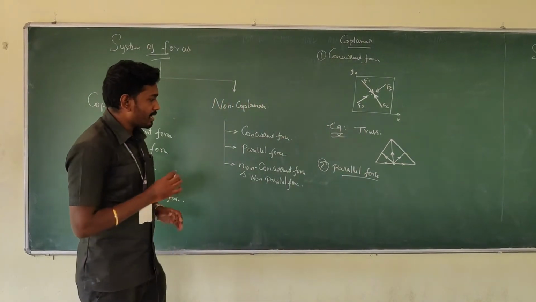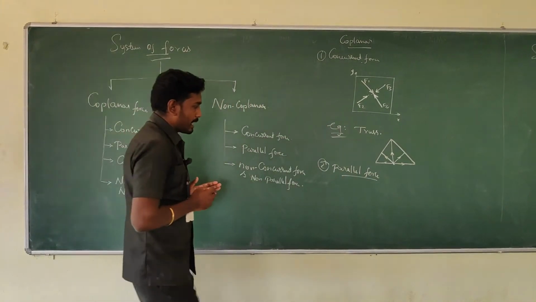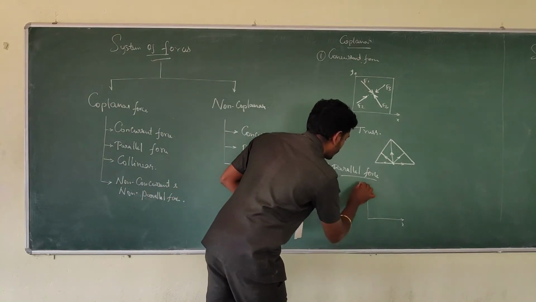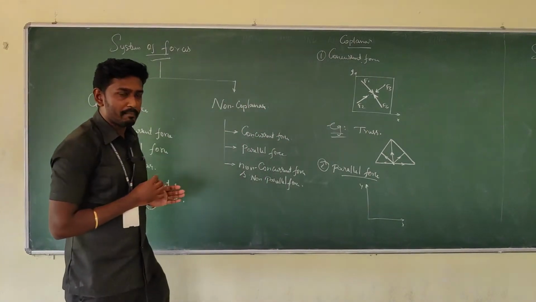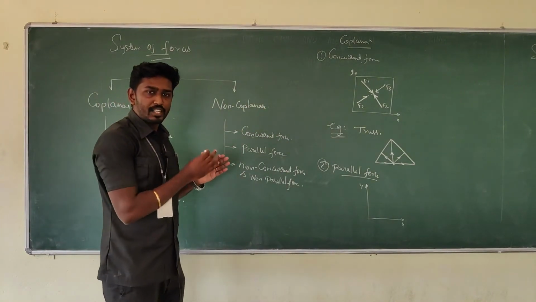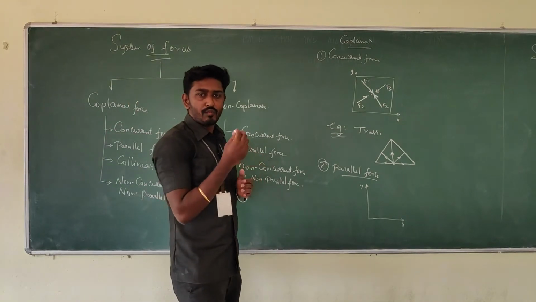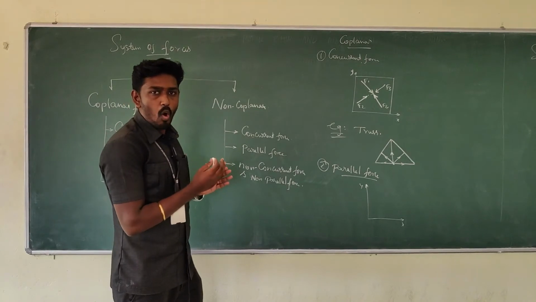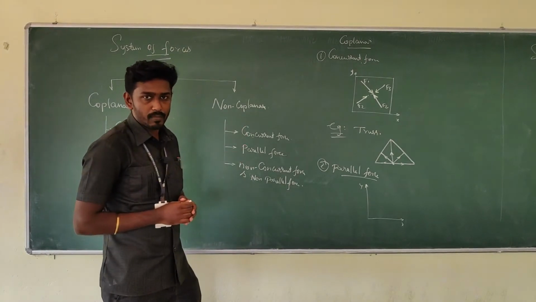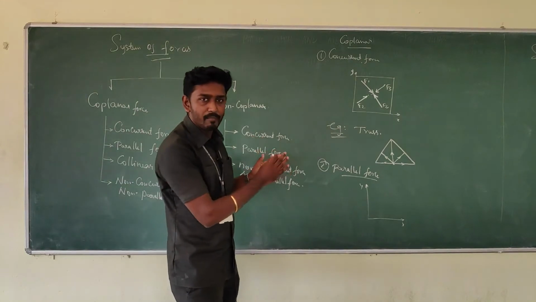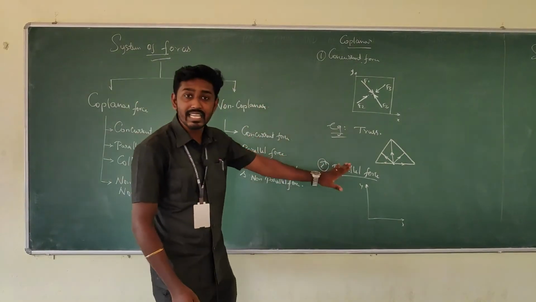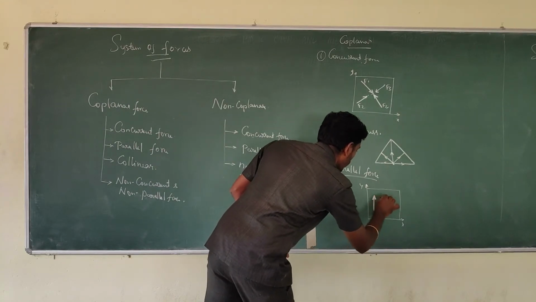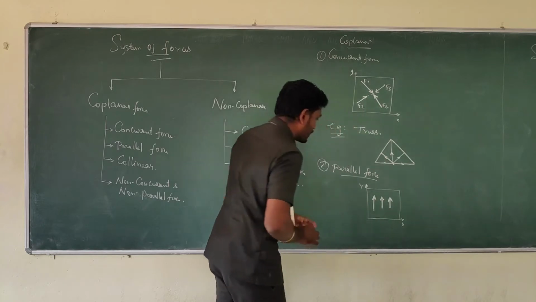If I take the arrangement in a single plane, it is coplanar. A set of various external forces whose lines of action are parallel to each other, all the forces acting on the system being parallel to each other and in a single plane, such a force system we call parallel force.